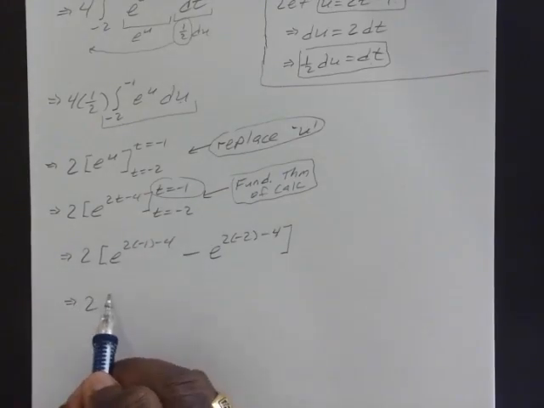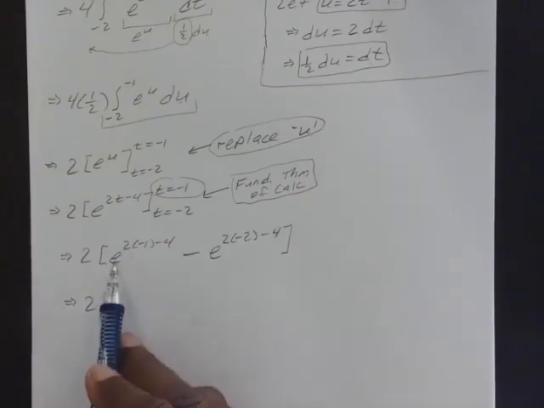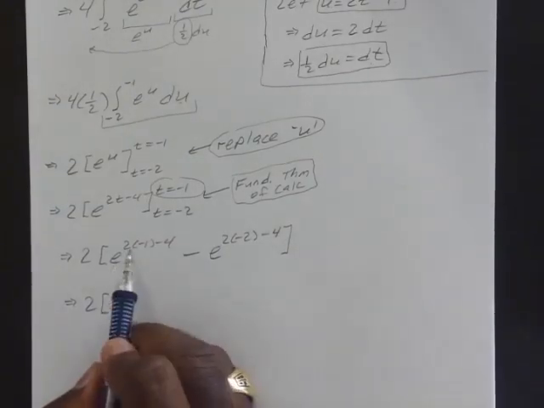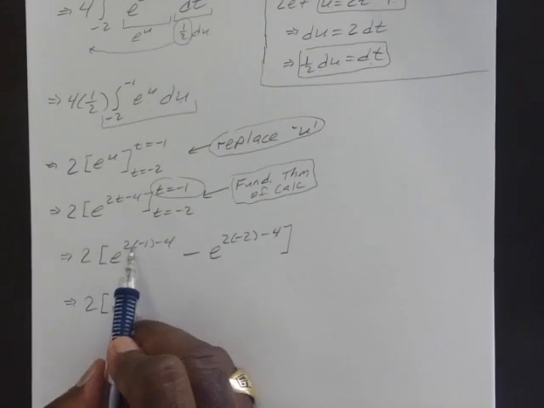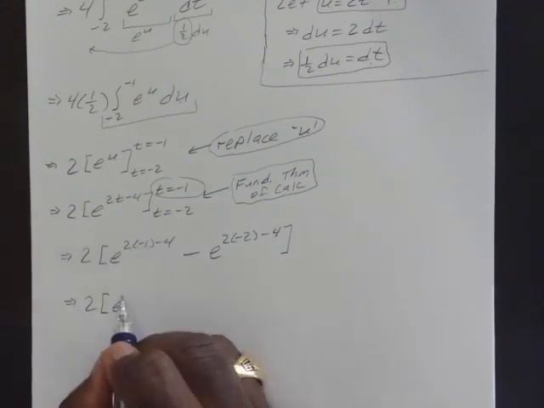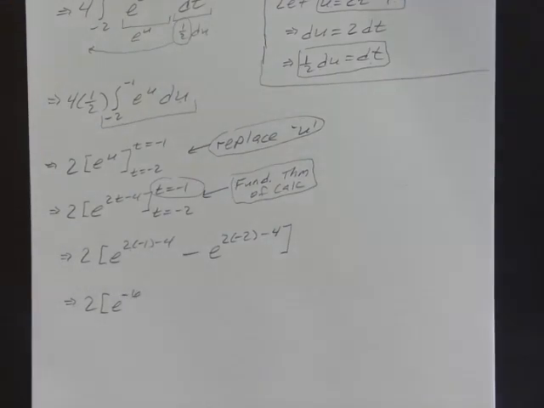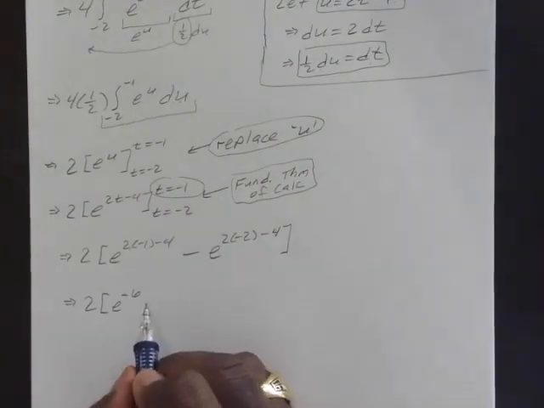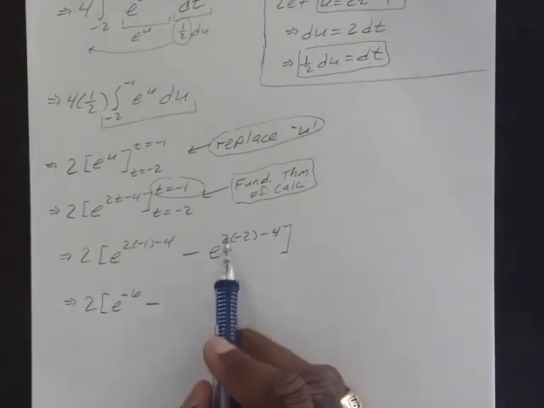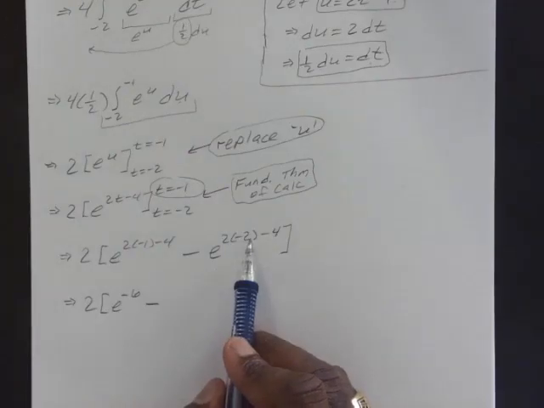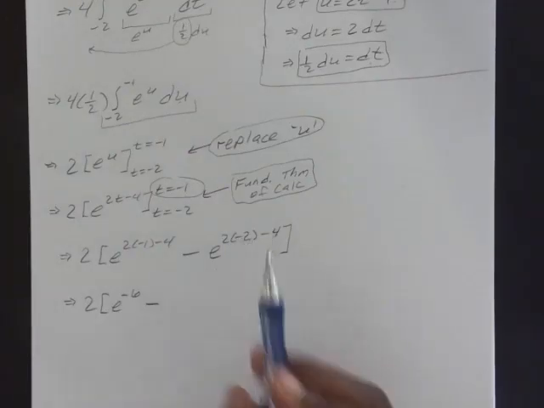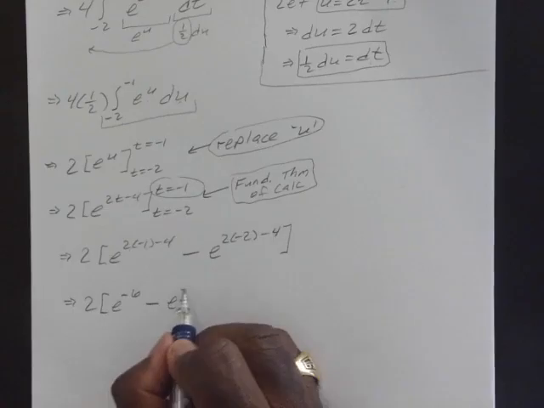Okay, so that gives us 2 times e to the power, 2 times -1 is -2, so -2 minus 4 is -6, minus 2 times -2 is -4, so -4 minus 4 is -8, so e to the power of -8.